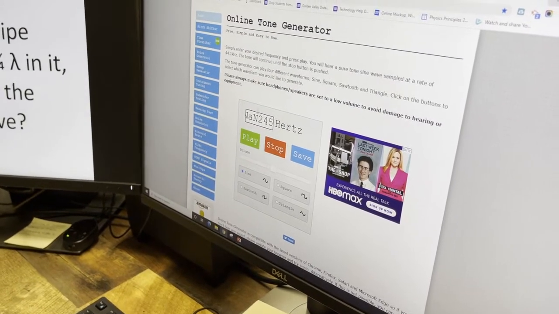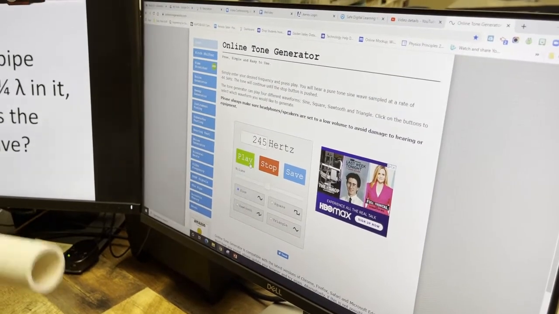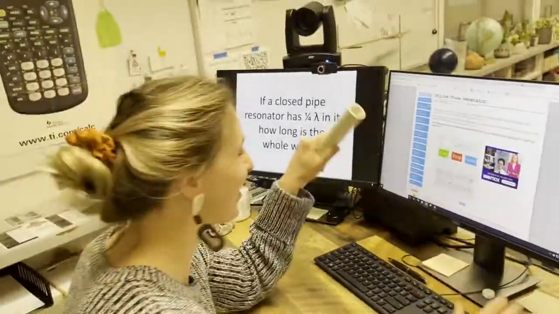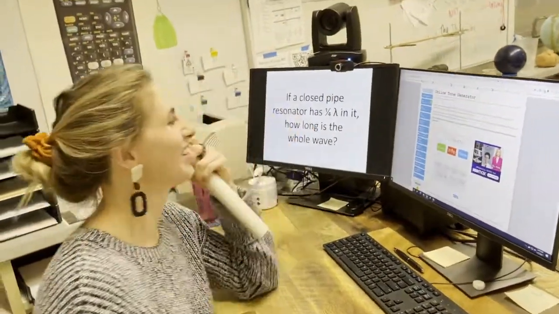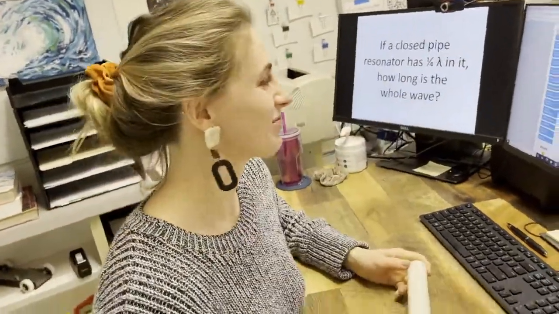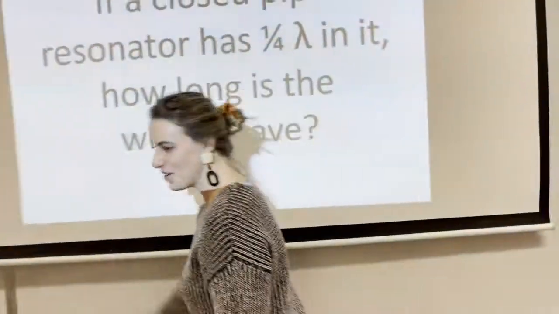Oh my goodness. Nailed it. There it is. So what we've just done is prove that there is 1/4 of a wavelength inside that pipe. Woohoo! Feel accomplished.